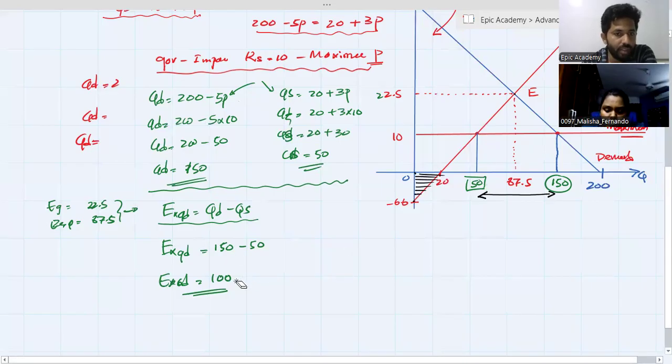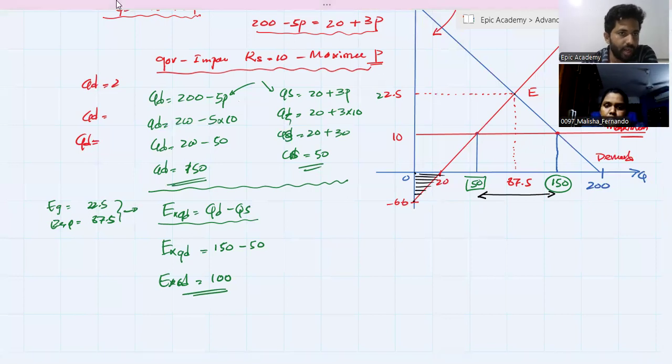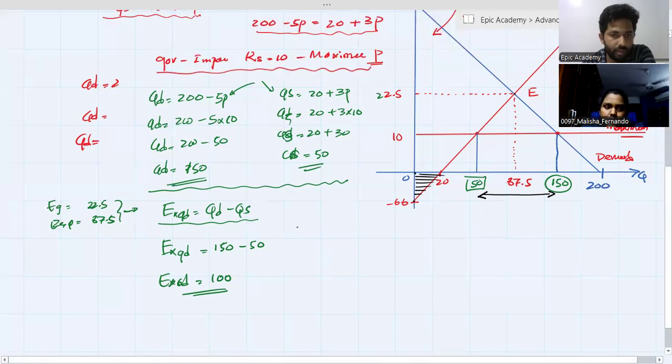The amount is 100 because 150 is the demanded quantity, but the entire market supply is only 50 commodities. So 100 is the shortage. So now you can identify that shortage is equal to excess demand.